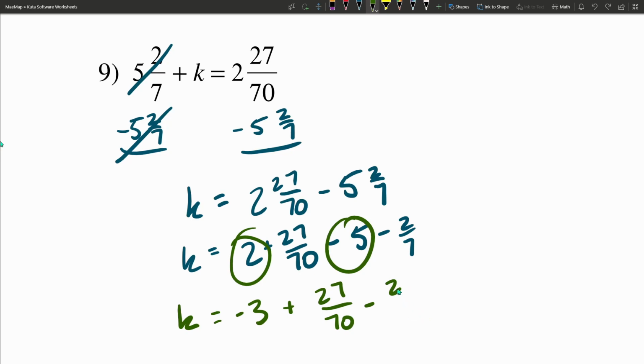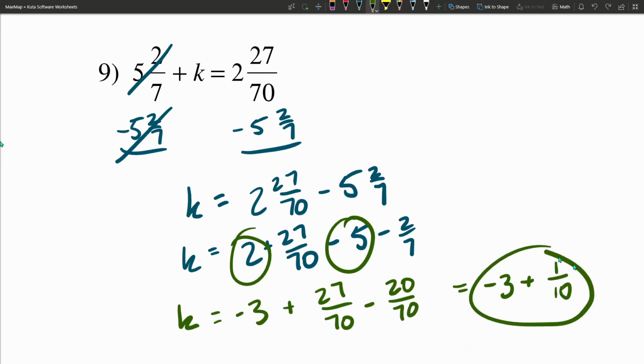So I get 20 over 70. Now, because I have that same denominator, I can easily subtract. 27 minus 20 is 7, and that's 7 over 70. So right now I have -3 plus 7 over 70. And we can easily simplify 7 over 70 down because 7 goes into 70 10 times, so it is 1/10.